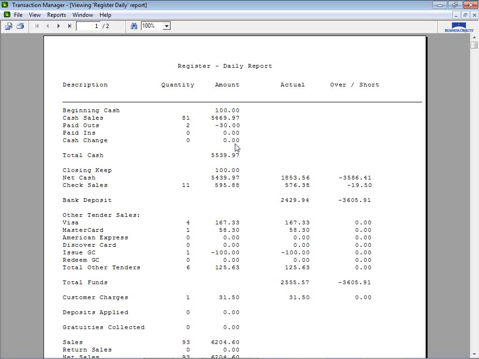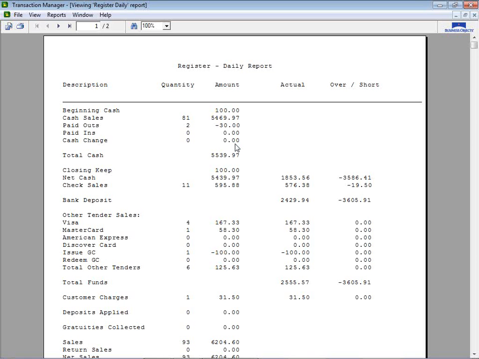Okay, let's talk for a second. What is cash change? Because cash change affects the money going to the bank. So in most stores, for example, if I pay with a credit card on a $100 sale, I cannot pay more than $100 and ask them for money back. On the other hand, with a debit card, it's very common for people to want to pay for a little bit more and get some cash back.